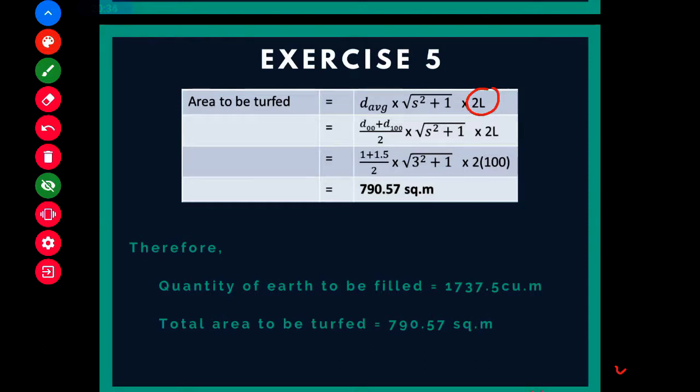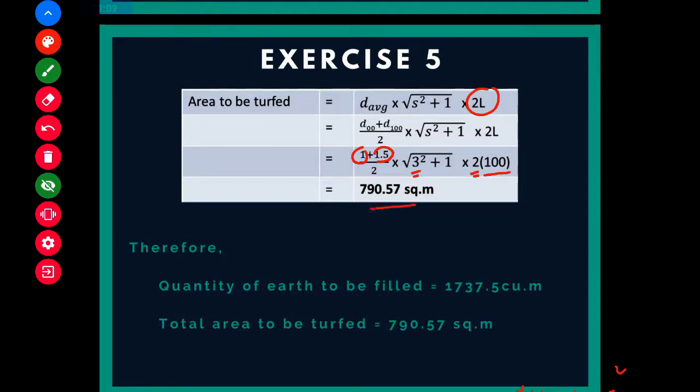So D average, we take 1 at chainage 00 and 1.5 at chainage 100, we divide by 2 to get the D average, and 3 is the value of S, squared plus 1, and then times 2 because both sides will be the same, and L equal to 100.